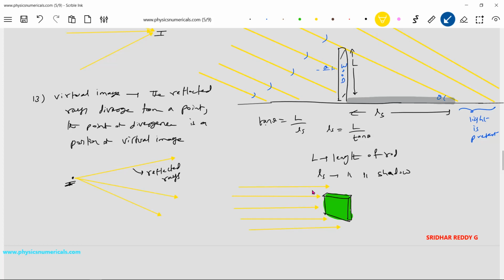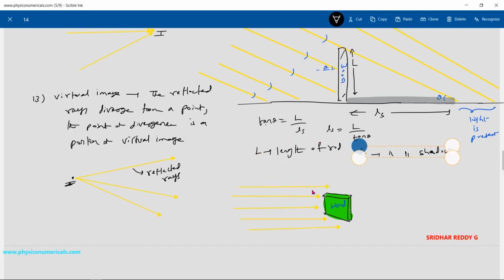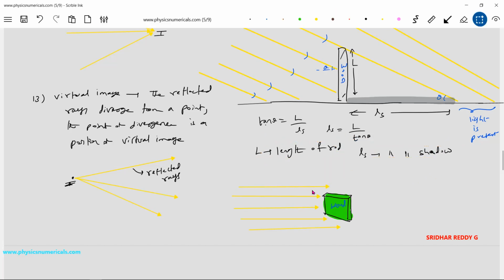This wood will block the light passing through it. Now let me keep the screen. What we see on the screen: in this part there won't be light, and there'll be light everywhere else. So there's the shadow.